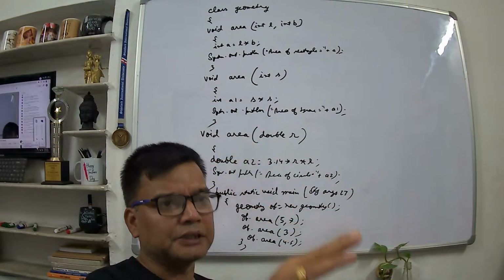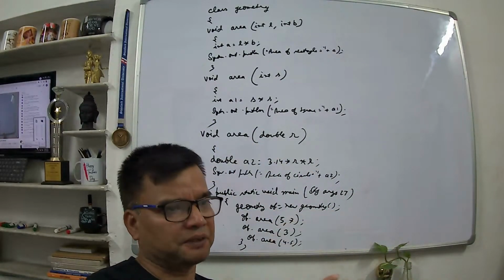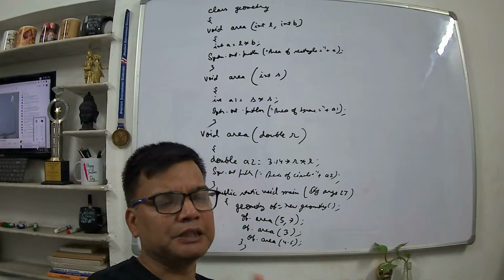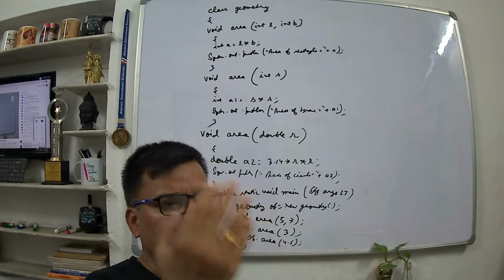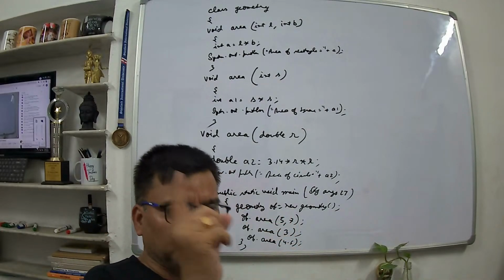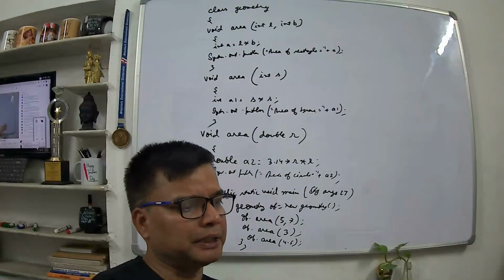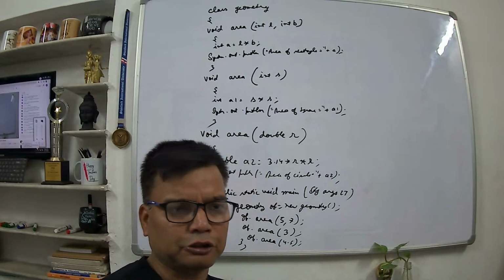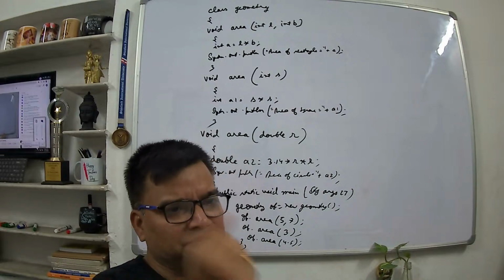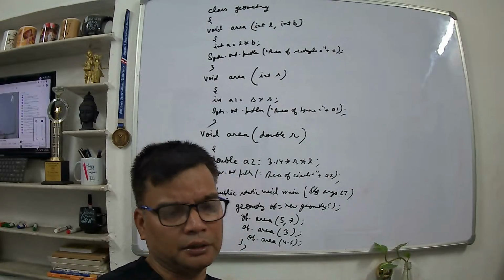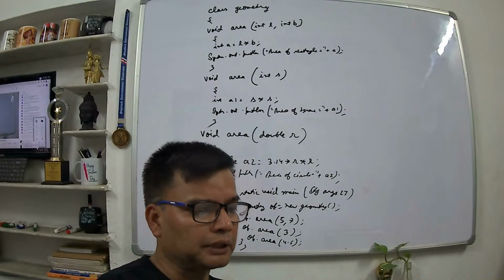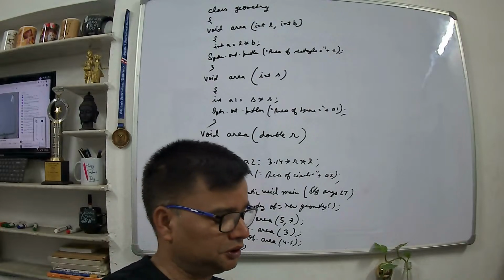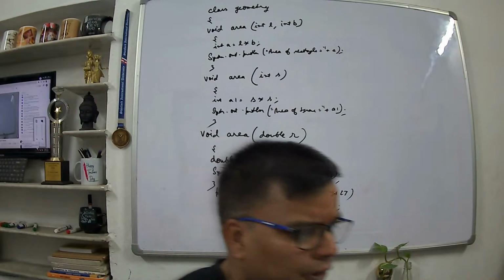So if any changes are made, then it will not be affected. But call by reference means passing the reference or passing the address. So in that case, if there is any change made, the change will be reflected in the actual parameters. So call by value and call by reference are also exam important: definition, differences, and examples. You can go through the video for the methods or functions which is uploaded. That can help you.